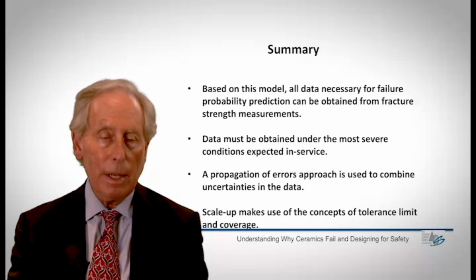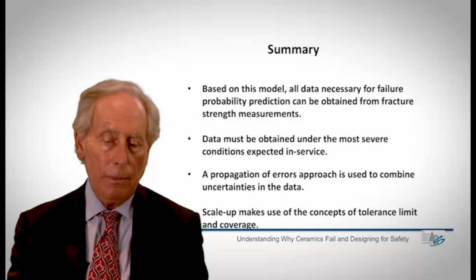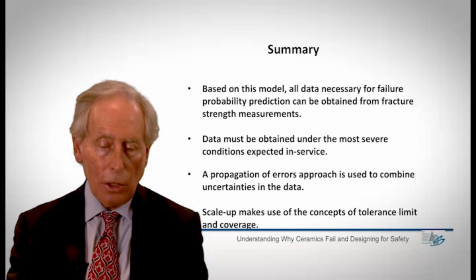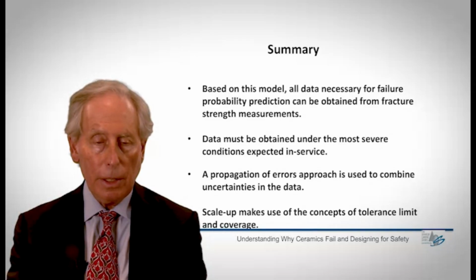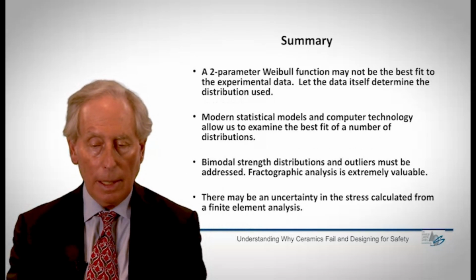That is important because it's the uncertainty of the data that you really need to know. And that the scale up, again, makes use of these concepts of tolerance limit and coverage to give you what the real uncertainty in the actual components is going to look like.